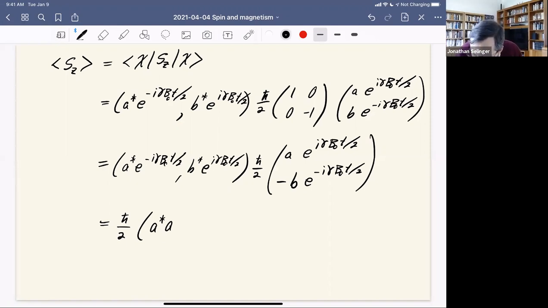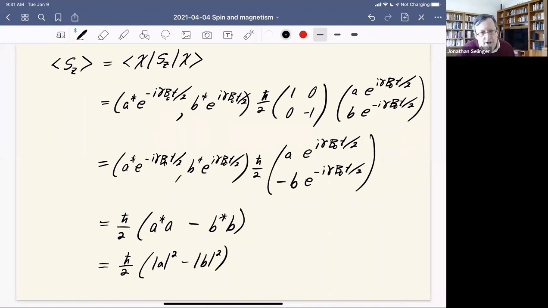And then minus B star B. Again, the complex exponentials cancel. This is just h bar over 2, magnitude of A squared minus magnitude of B squared.